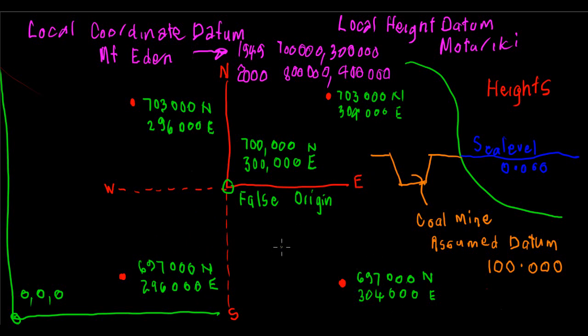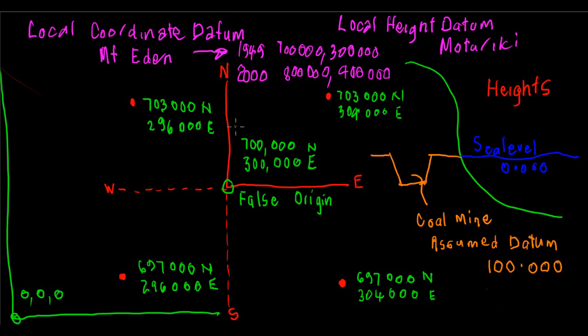So one of the ways to make the mathematics easier is to use the concept of the false origin, so that all our coordinates are in the first quadrant, in terms of surveying, northings and eastings.